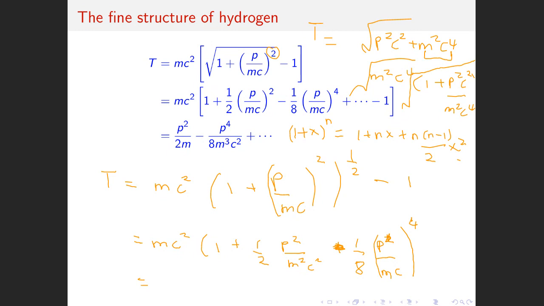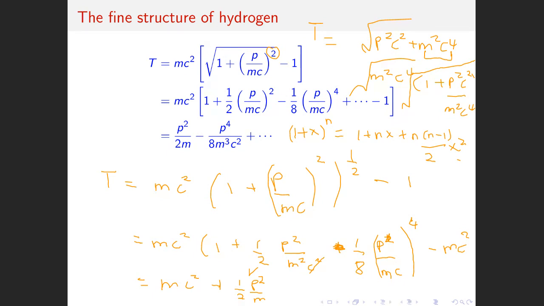Once you simplify this, remember that I still have to subtract the mc². So this gives you mc², which will cancel the other mc², plus half p² over m. The c² cancels one of the m's.